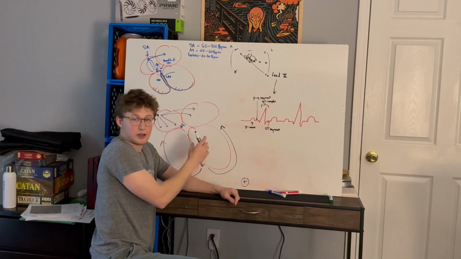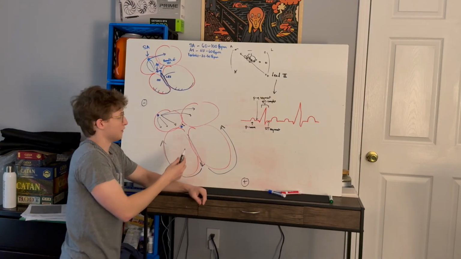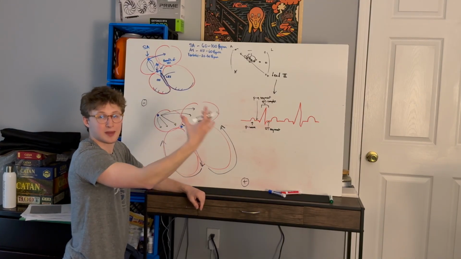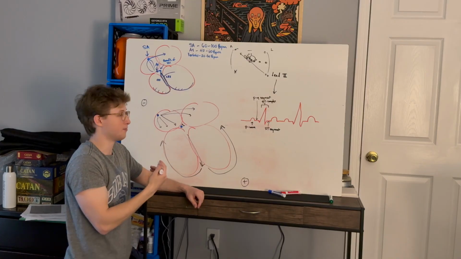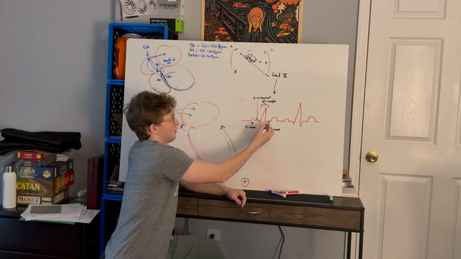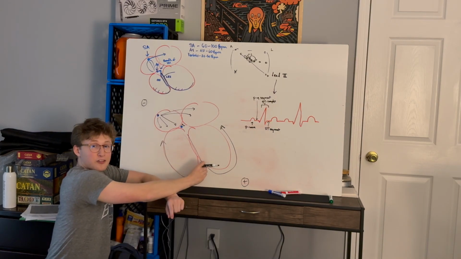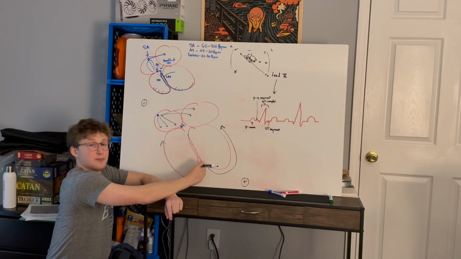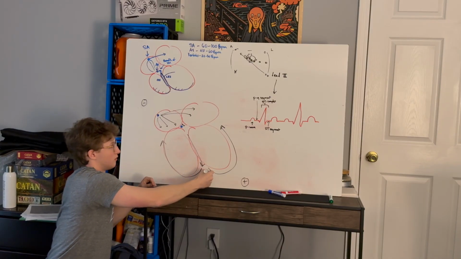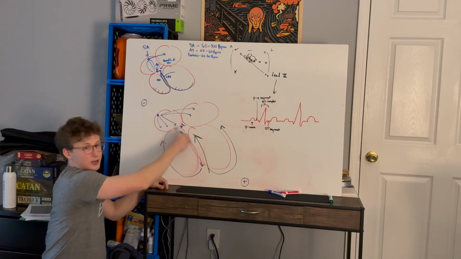Eventually, though, the ventricles contract and they begin to repolarize. This is going to start from the epicardium, from the outside in to the endocardium. And so what we see is what was positive is now slowly changing back to negative, going in this direction.